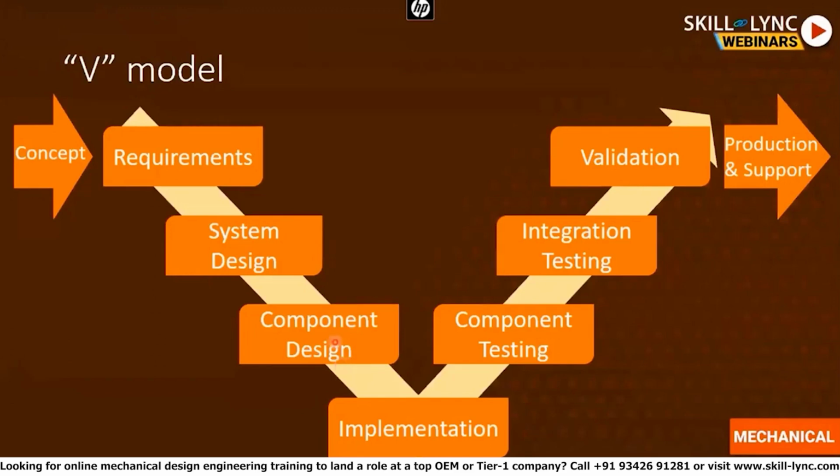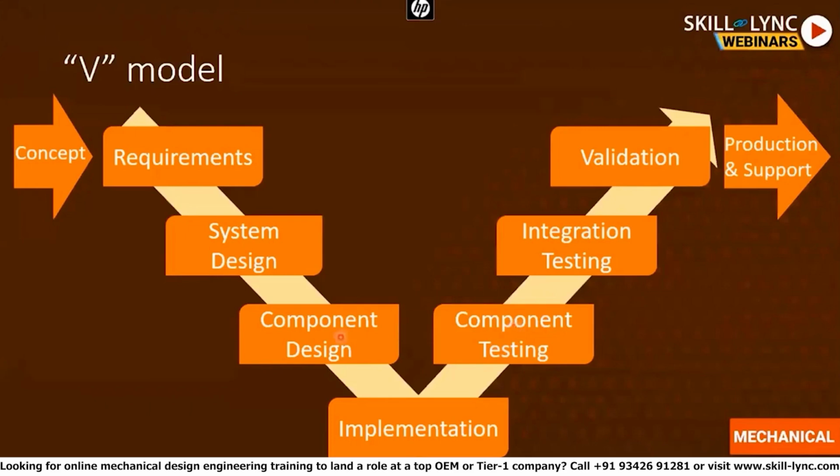Once you do the detailed design, of course, you do the implementation and the integration. You integrate all these components into a single system, and integrate all these systems into a single product. That we do here. Then there is the testing element, starting with component testing.